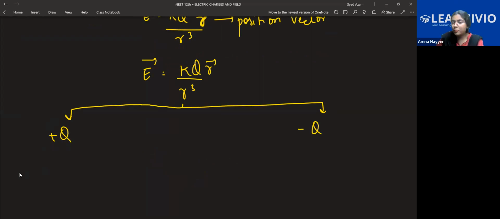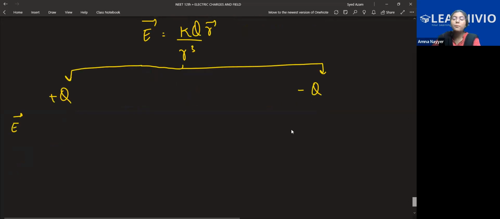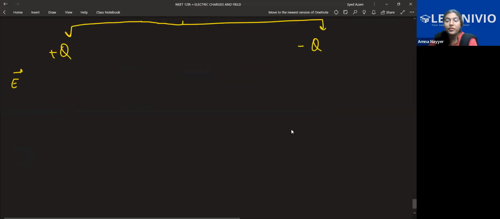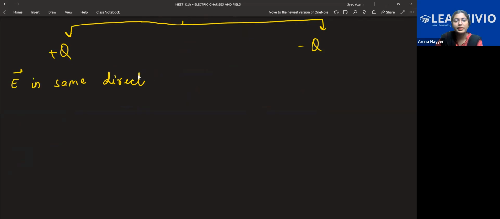For the positive charge, this is something different that we didn't discuss here, so pay attention. The electric field will be in the same direction of the position vector.